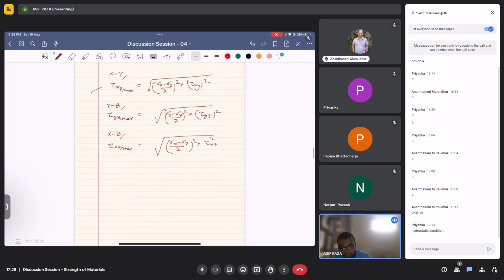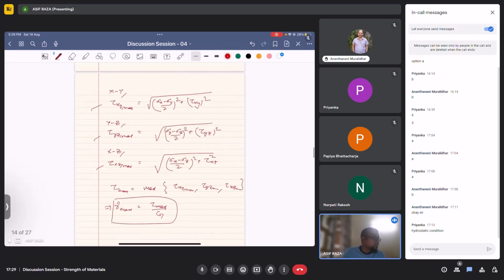After finding whichever is the maximum, you just substitute the maximum of tau xy max, tau yz max, tau xz max as tau max. So gamma max would be equal to tau max upon G.